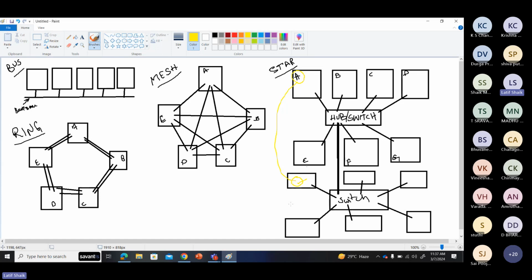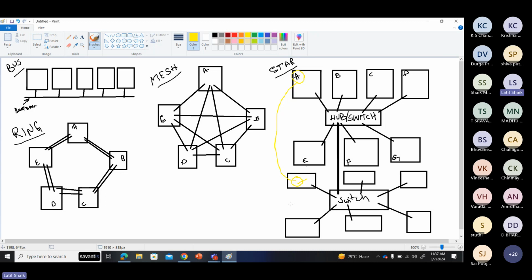Some organizations have 100 computers, some have 300, 500, 1,000, 2,000, an entire building, with hundreds of computers connected. How can they connect and communicate? Because of the star topology, which is easy to configure, easy to scale, and easy to troubleshoot.